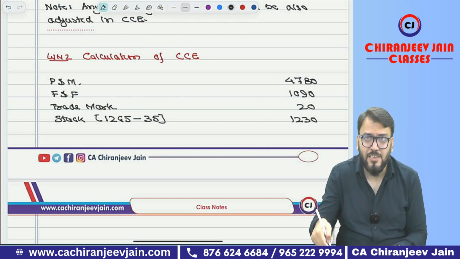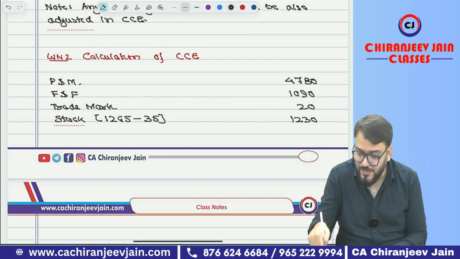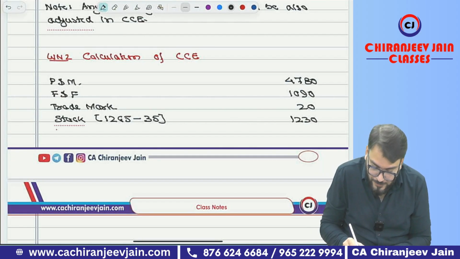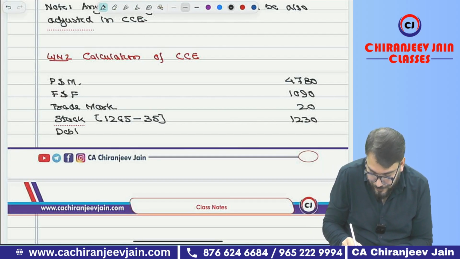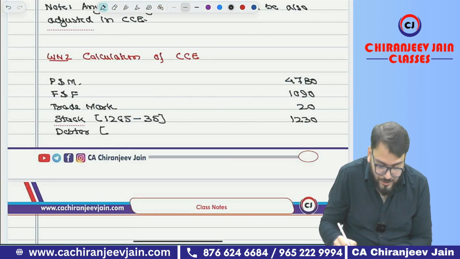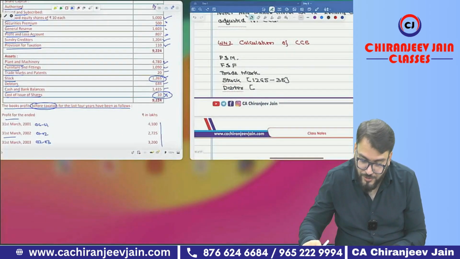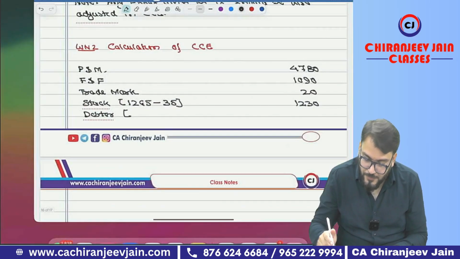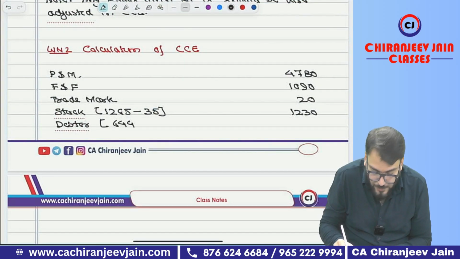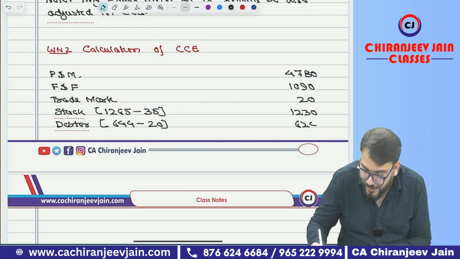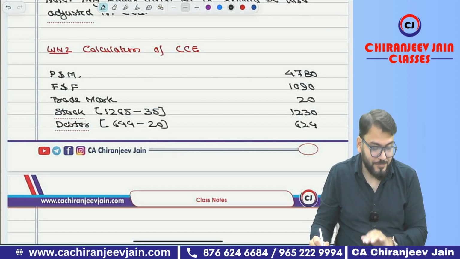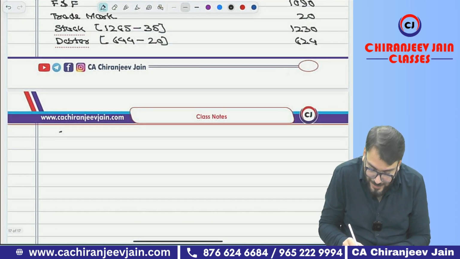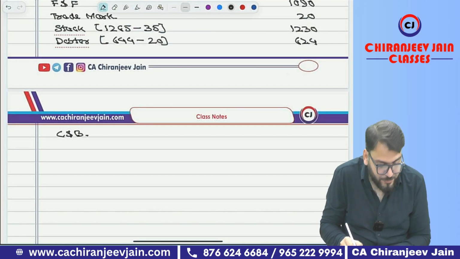Whatever valuation has been given, after correction that will be 1230. Then debtors. How much is given? 644. But there is a bad debt of 20 lakh, so we'll take 624. Then there is cash and bank, so no adjustment.